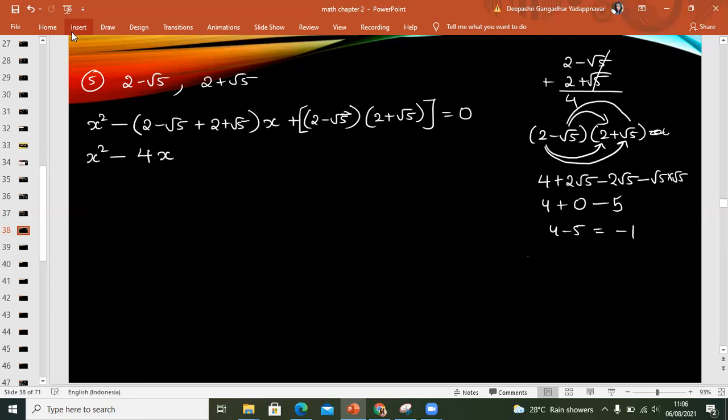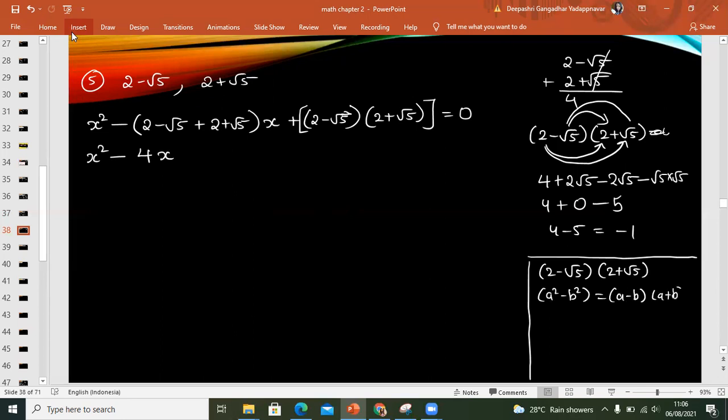And there is another way which you can solve this multiplication, that is 2 minus root 5 and 2 plus root 5. I hope you know the formula, that is a square minus b square equals a minus b and a plus b. So we have a minus b, a plus b already here. We can write it in the form of 2 square minus root 5 square.